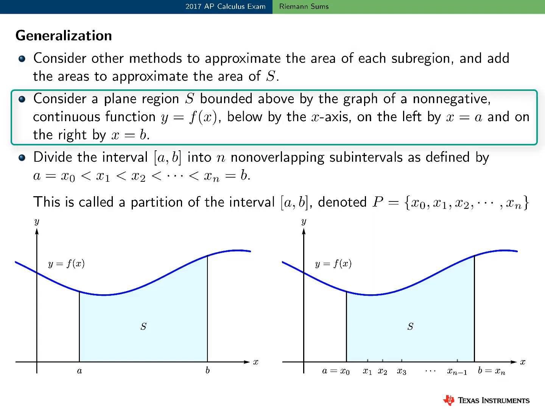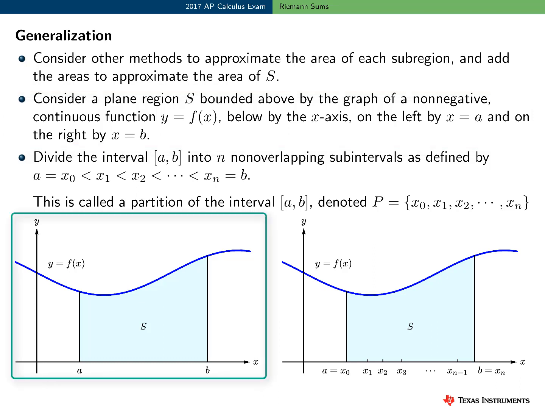In general, let's consider a plane region S bounded above by the graph of a non-negative continuous function y equals f of x, below by the x-axis, and on the left by x equals a and on the right by x equals b. Here's an illustration.